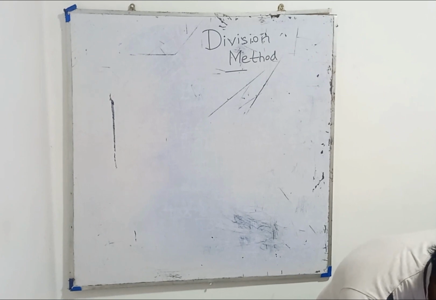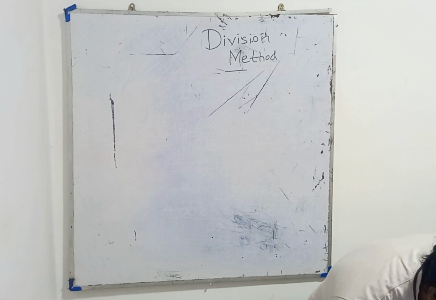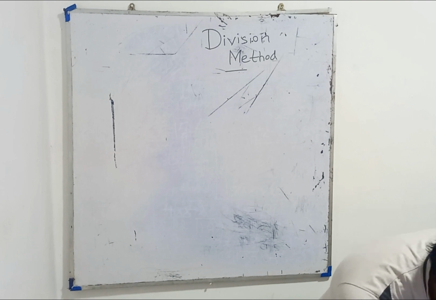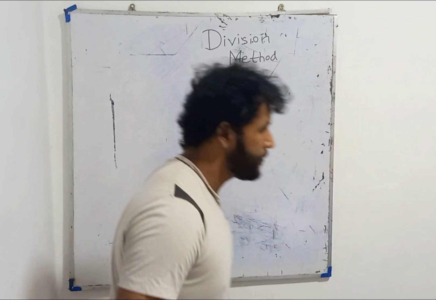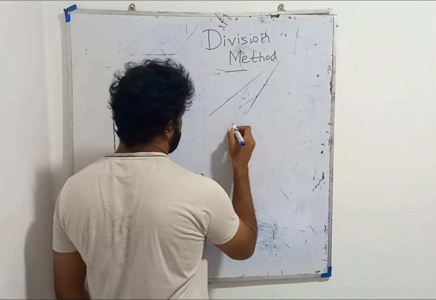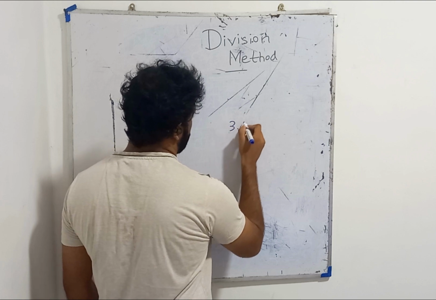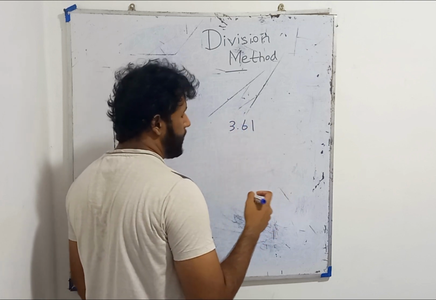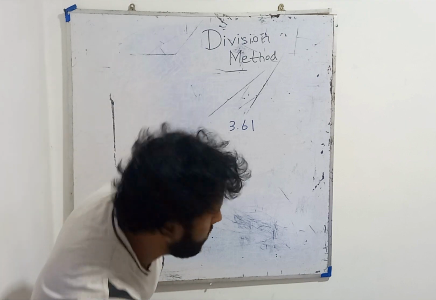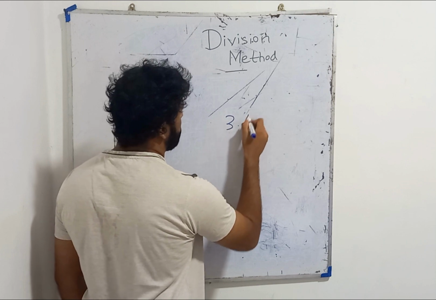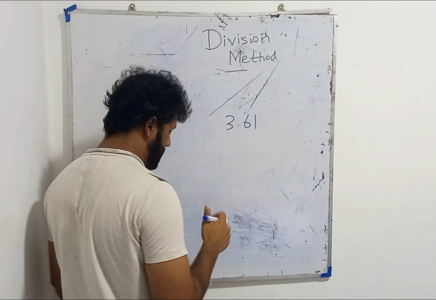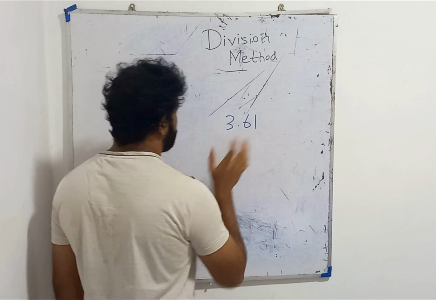Example number 2, but there's something in your textbook you can read, page number 19. Actually, decimal numbers: if you consider, let's say, 3.61, how can you break this into pairs?